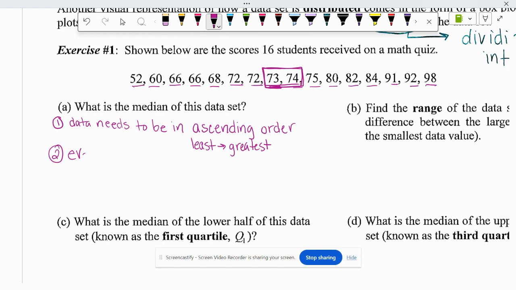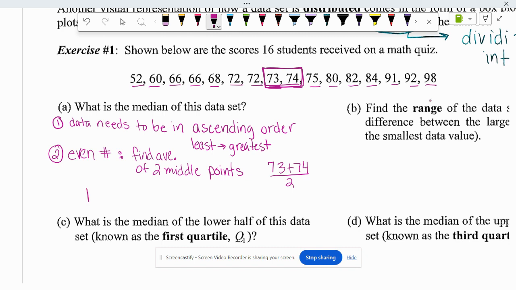So if you have an even number, you find the average of the 2 middle points. Finding the average just means I add them together and divide by the number of points. I'm adding 2 points together, so I'm going to divide by 2.